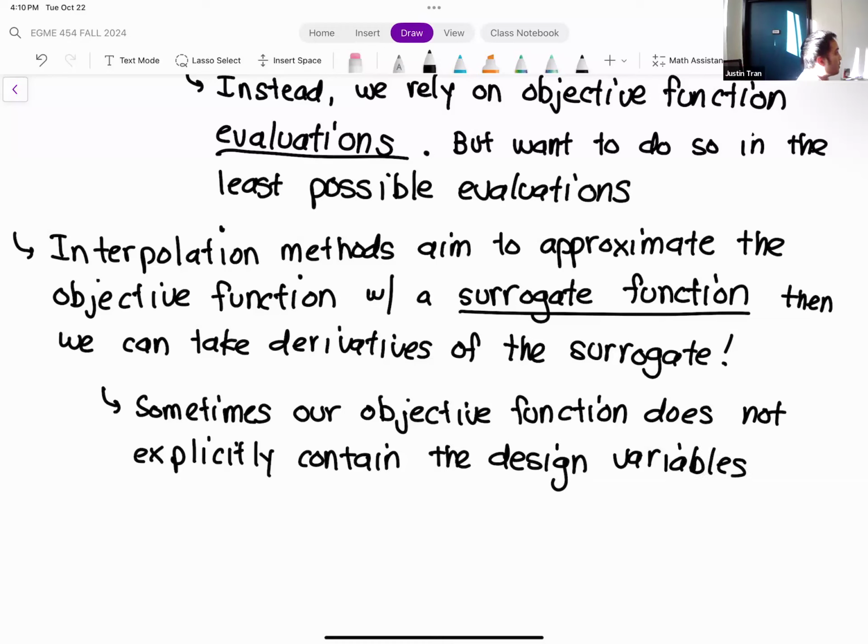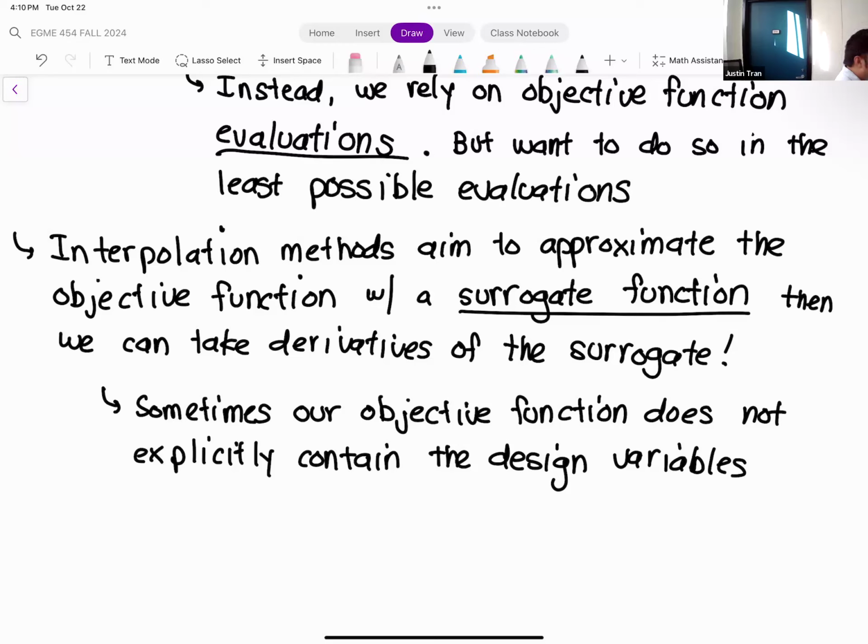Remember the example we talked about last time, where maybe you're trying to optimize something within a finite element simulation? In that case, your objective function is probably going to be based on your finite element result, and your finite element result does not contain the design variables.